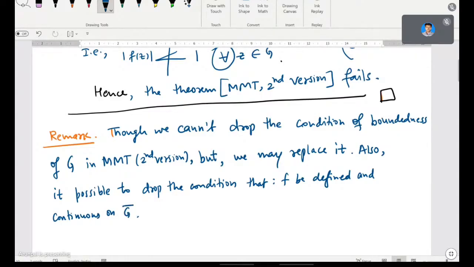If you recall, we took this additional condition that f was defined and continuous on G bar, right? This was an additional thing as compared to the first version. In the first version, we talked of defining the function f on the set G only, right?